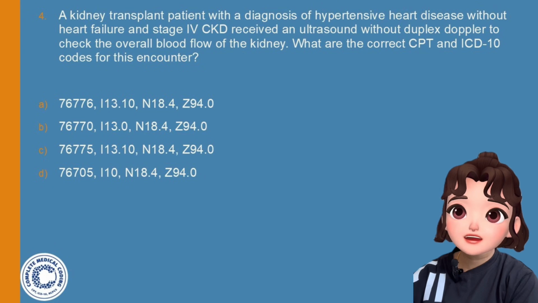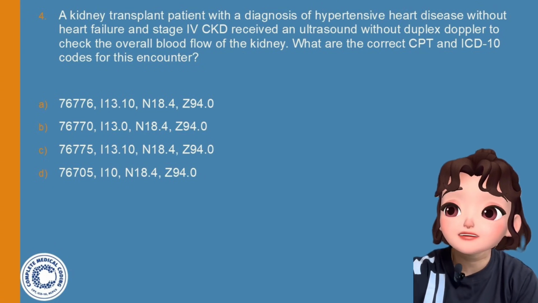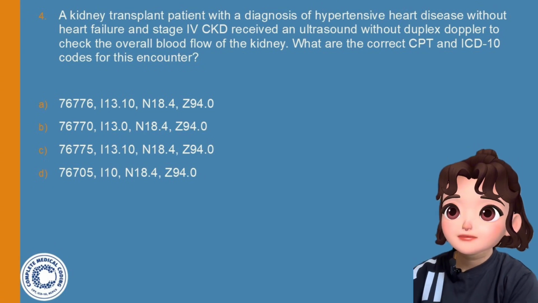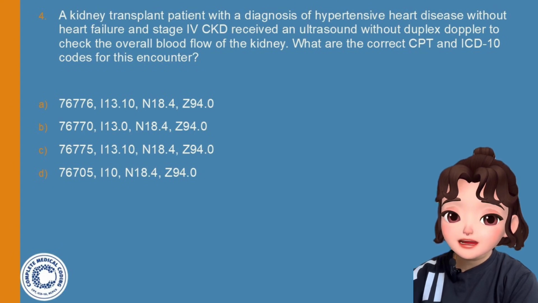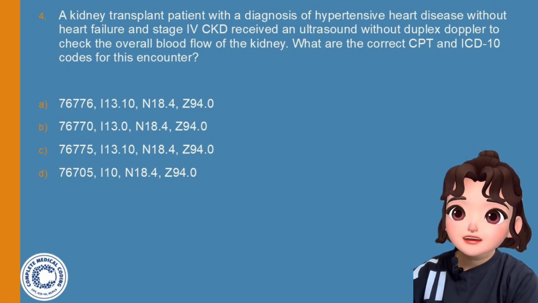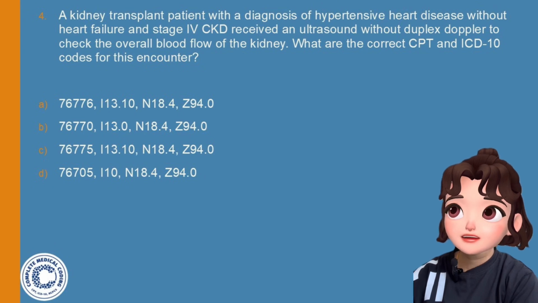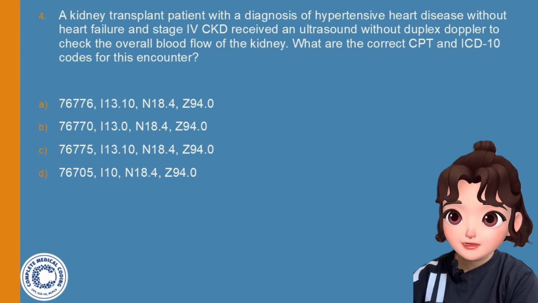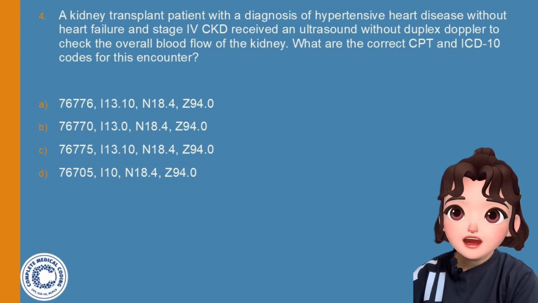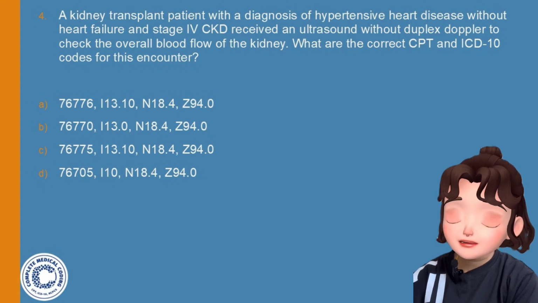If you want, you can check the other code also. Just I13.0. There is no 10, it's I13.0. I13.0 is hypertensive heart and chronic kidney disease with heart failure. In our question, it is without heart failure. So it will be I13.10 only. And in the last option D, I10 means just hypertension.